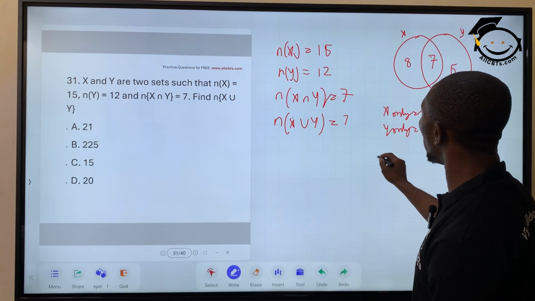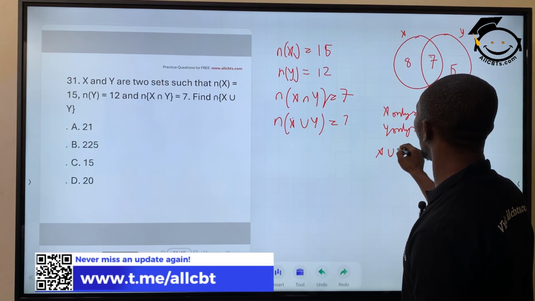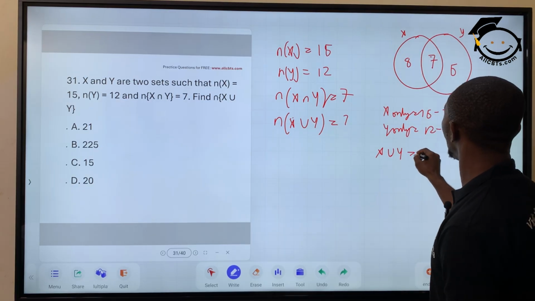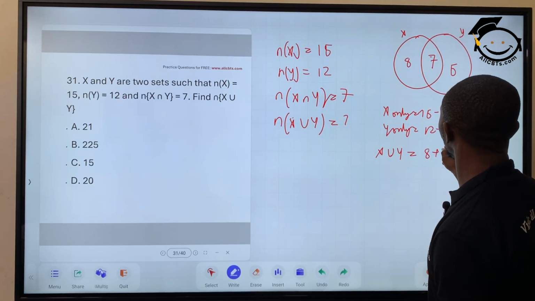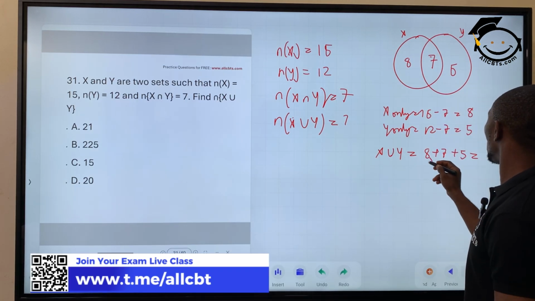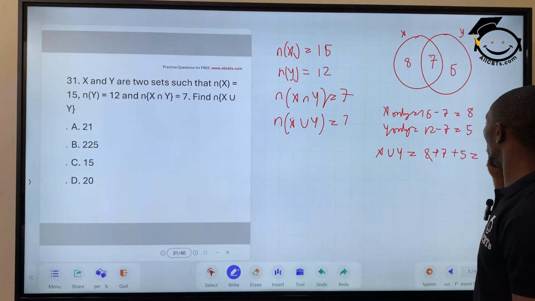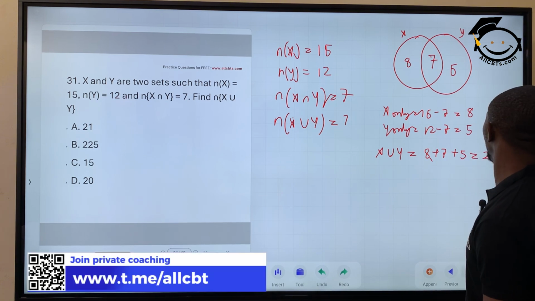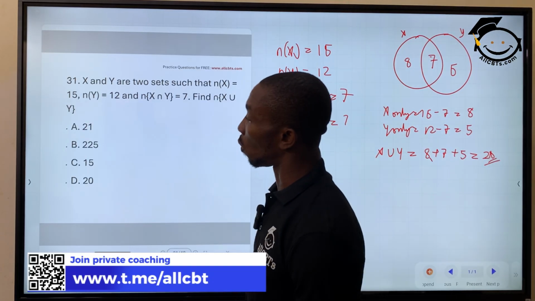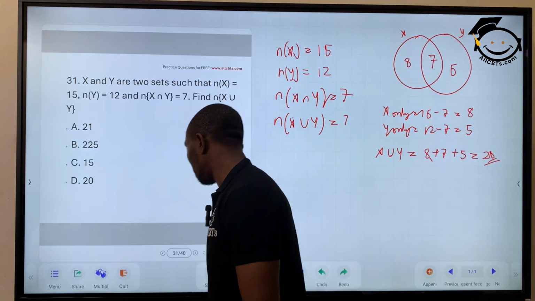So x union y will be the combination of all these numbers: 8 plus 7 plus 5, which is 20. So the number of elements in x union y would be 20.